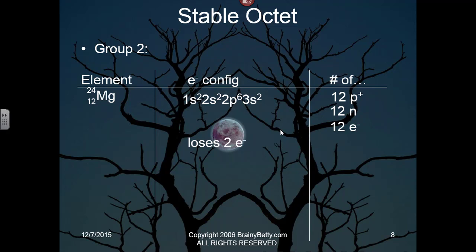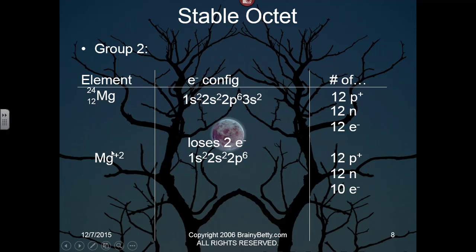So when magnesium becomes an ion, it loses its last 2 valence electrons, and then its stats look like this. 1s2, 2s2, 2p6, again that's the configuration of neon, 12 protons, 12 neutrons, and 10 electrons. Now there's 2 protons or 2 pluses that are no longer balanced out by minuses.